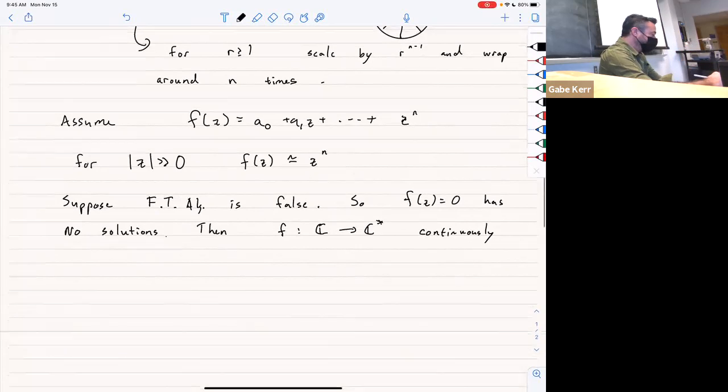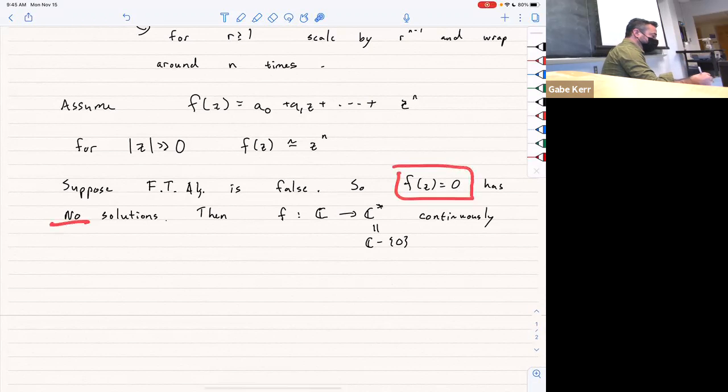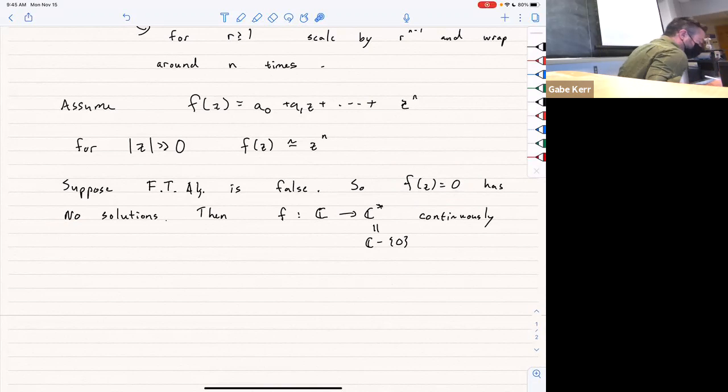I'm going to have to at some point draw a picture, but I'm not quite there yet. C star is the same notation we use for any field. It just means all of the numbers minus 0. Because I'm assuming that this has no solutions, nothing is sent to 0, so I can stay away from 0.